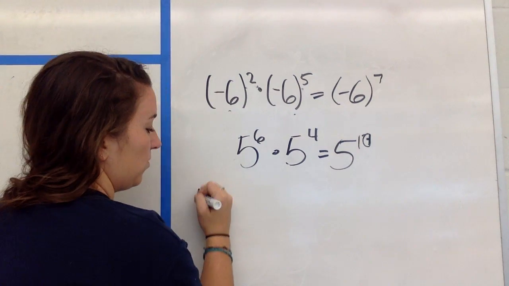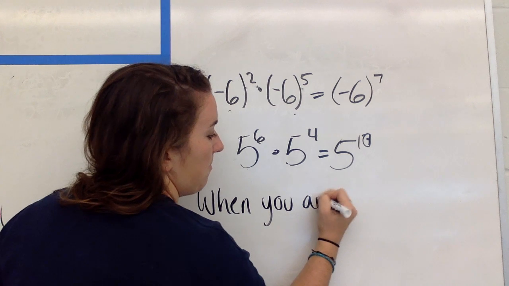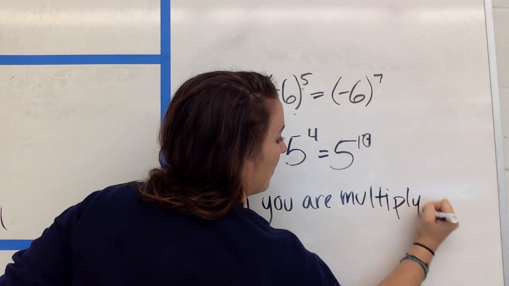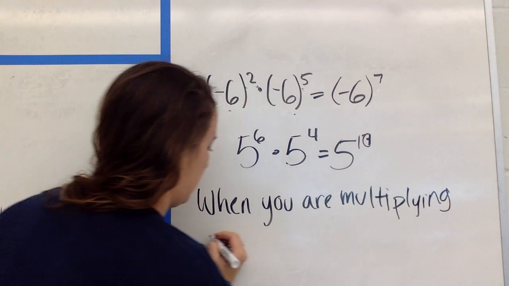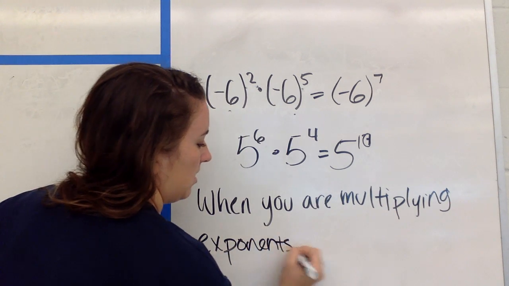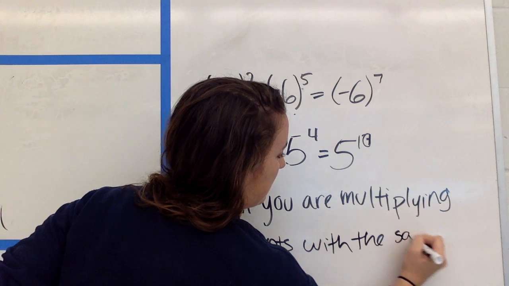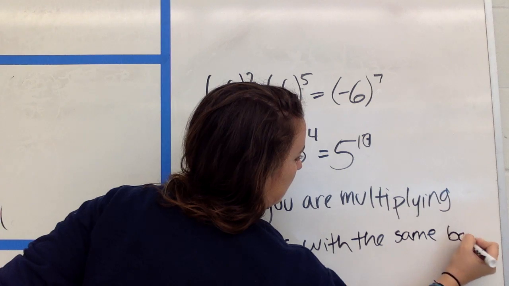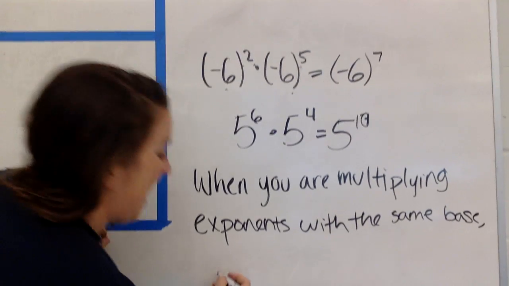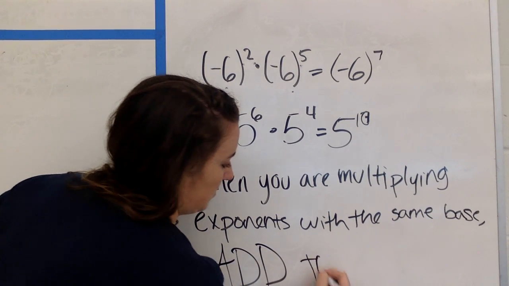So under write the rule, when you are multiplying exponents with the same base, then in really big letters, write add the exponents.